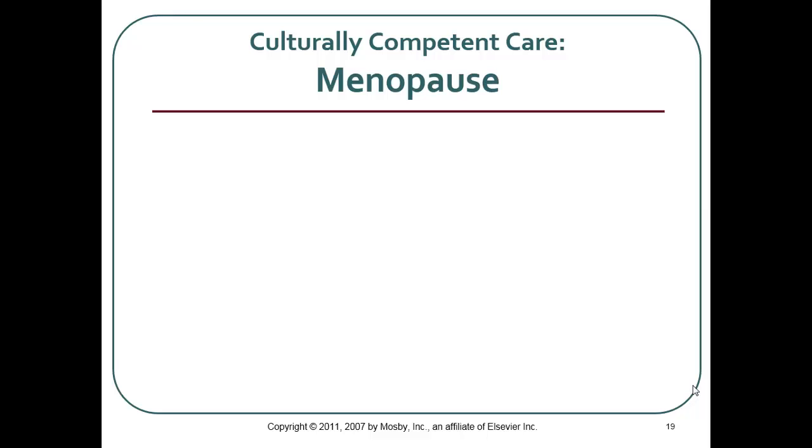So just be aware that different cultures and people have different ethnic backgrounds and values. Some see menopause differently from other cultures. So just being culturally competent and figuring out how to treat your patient.